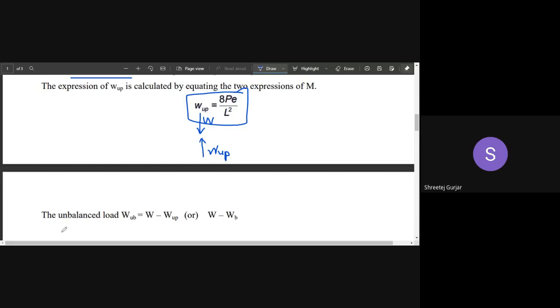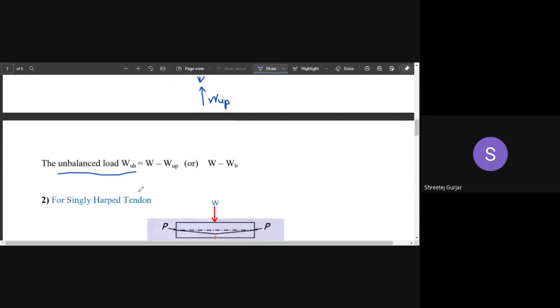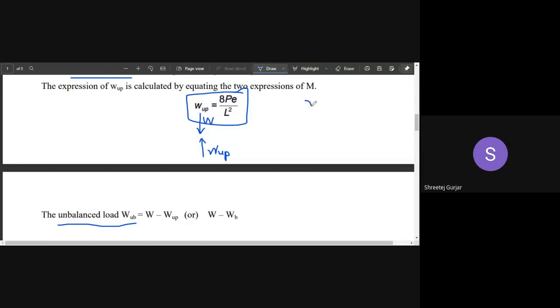Unbalanced force we will represent as WUB. So WUB is the superimposed load W minus your upward thrust WUP. So this is the acting load, and this is your balancing load. So what is left out is your unbalanced load.